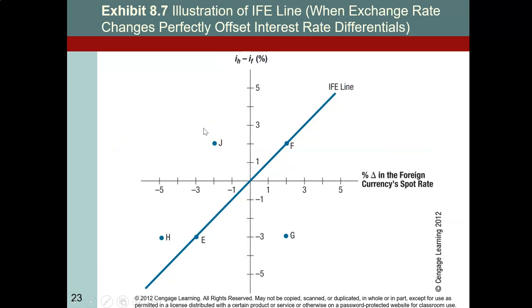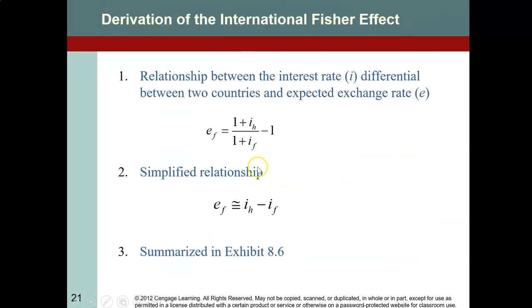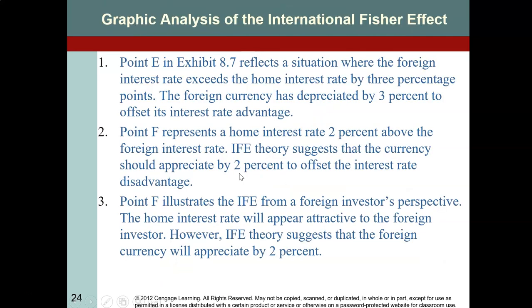Point F is also on the line, at +2. So it represents a home interest rate 2% above the foreign interest rate, and that currency should appreciate by 2% to offset the interest rate disadvantage.